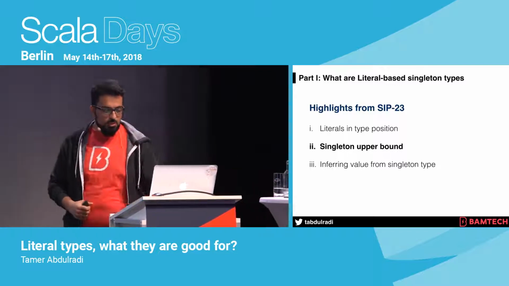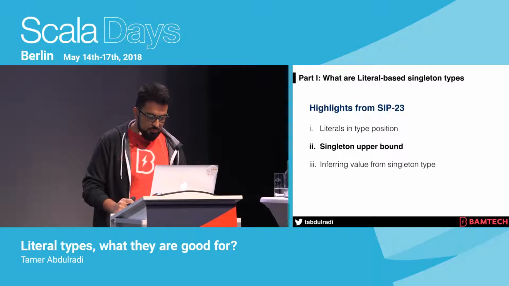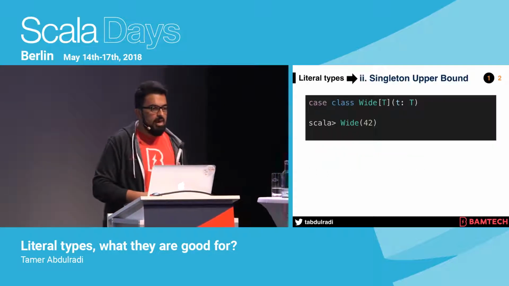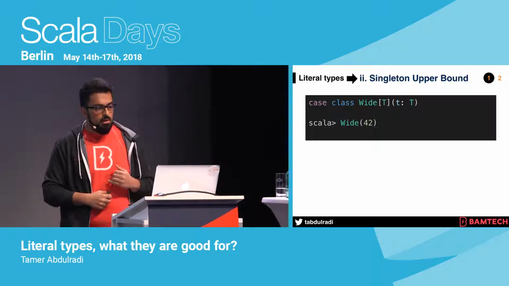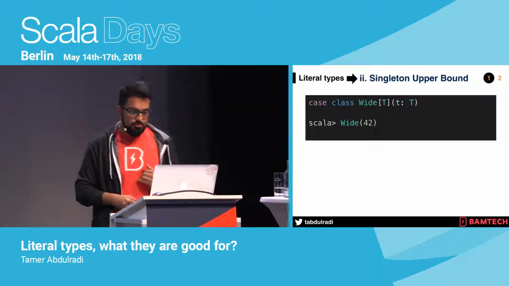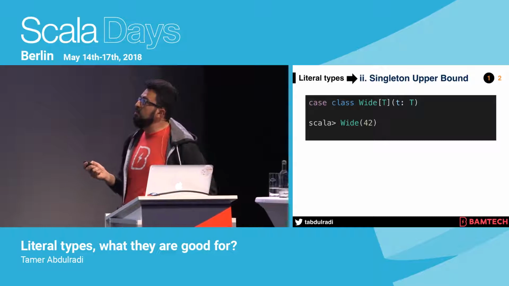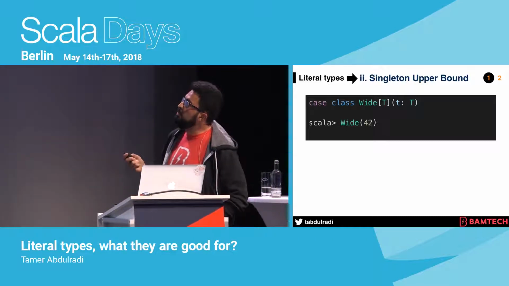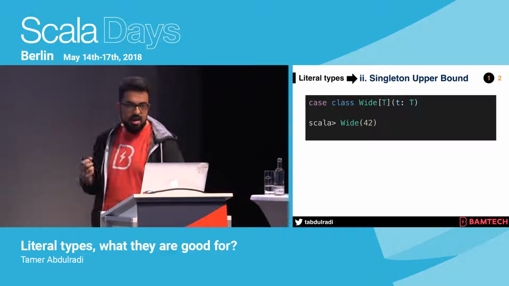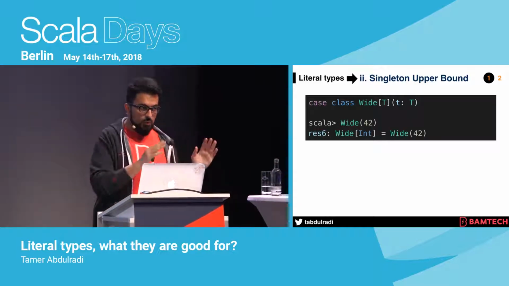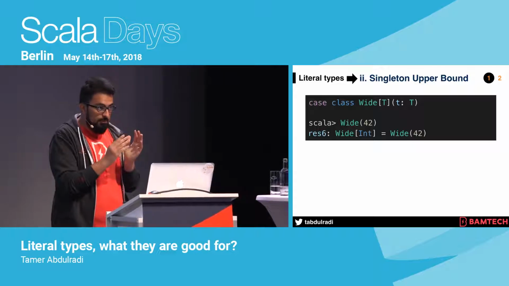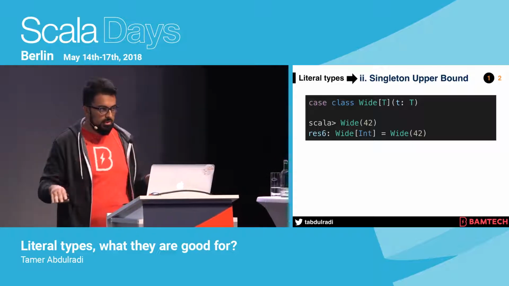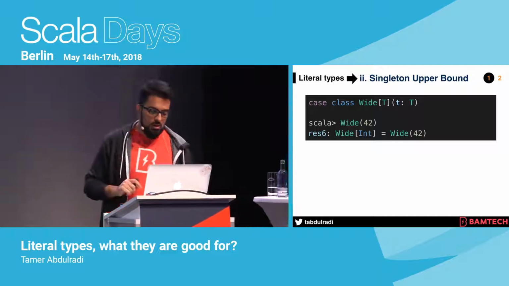So what else did we get in 2.13? We got a way to hack the way type inference works. By default, if we pass here the value 42, the type inference will infer T as an Int, even though in 2.13 there is now the type 42. It's more specific, but the type inference doesn't like to infer it. This didn't change.